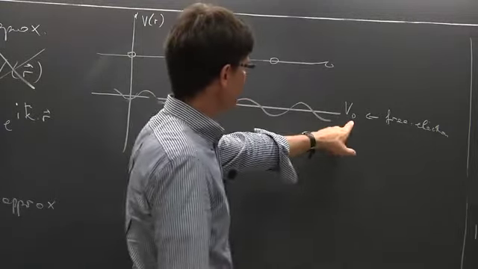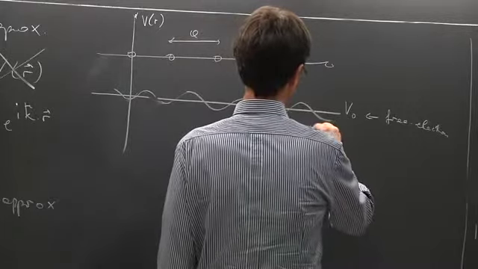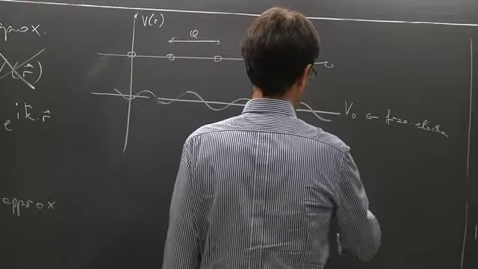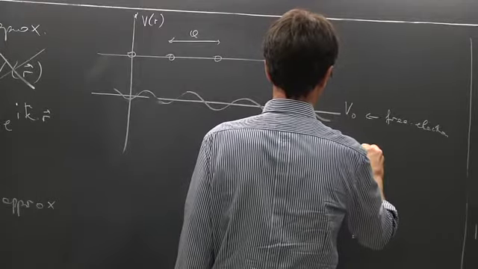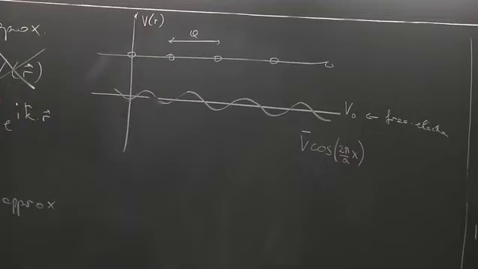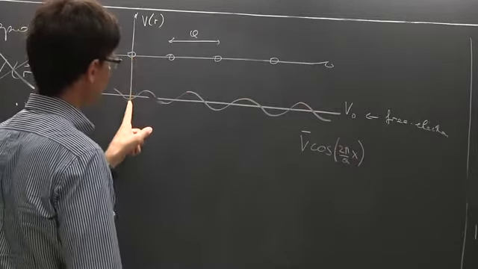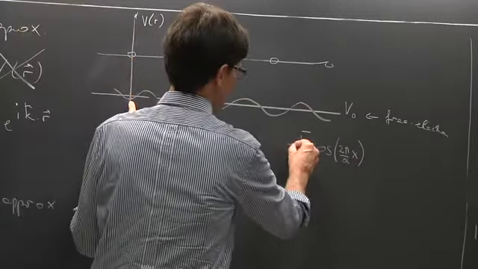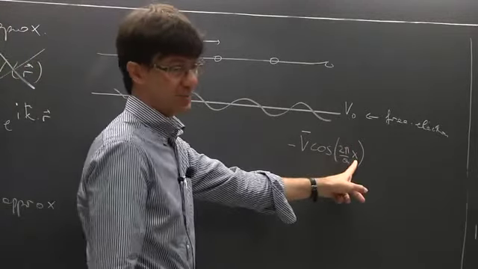So I'm going to add to V0 a potential which is V bar cosine, in this particular case, of 2 pi over A x. This pink line. In fact, if I place the atoms here at the origin, let me actually put a minus here because I want the potential to be attractive where the atoms are.